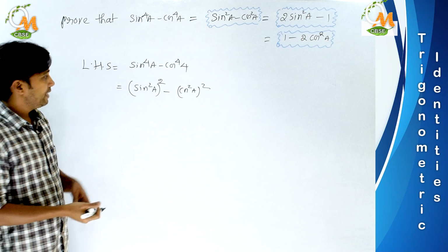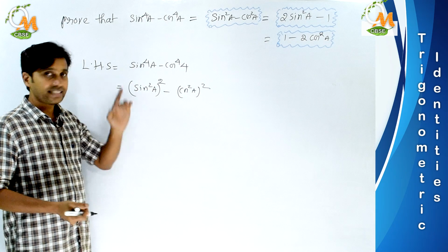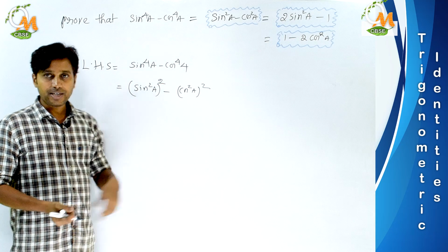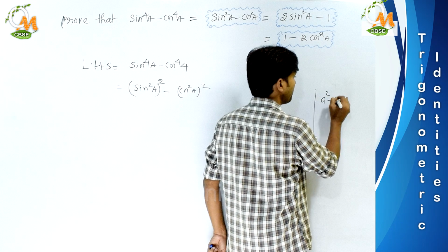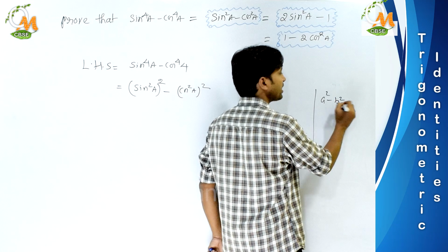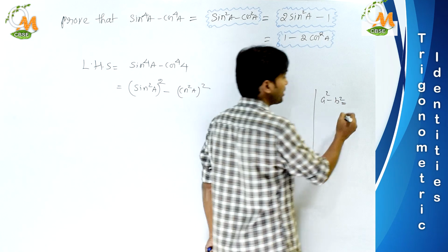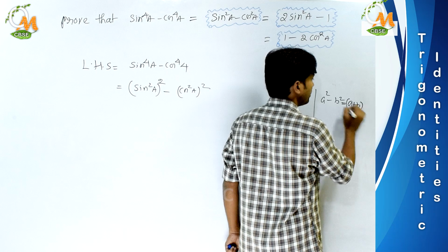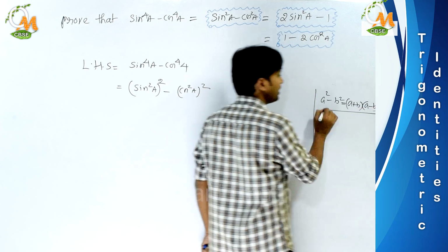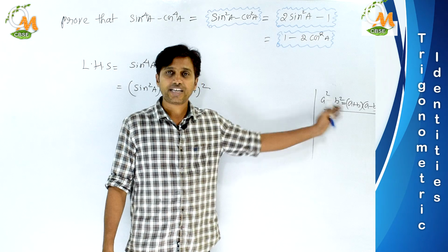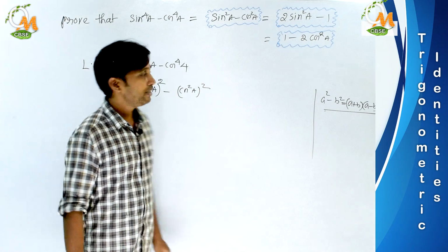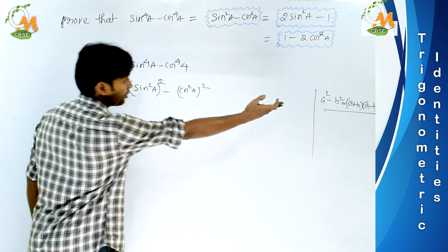Now tell me, if you consider sine square a as a and cos square a as b, then is this in the form a square minus b square, which can be further split into a plus b into a minus b, a standard algebraic identity? So we can convert that into that form.